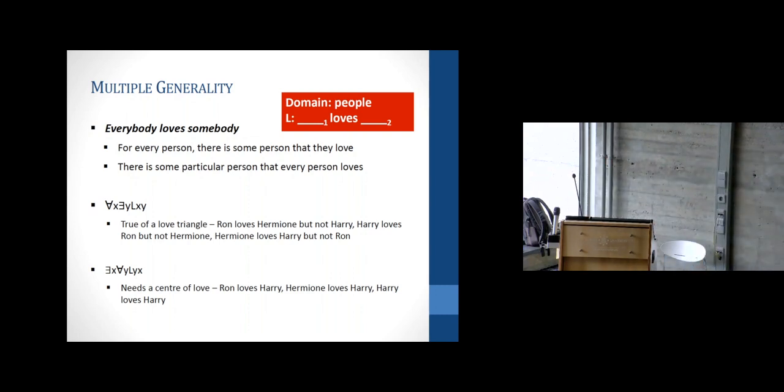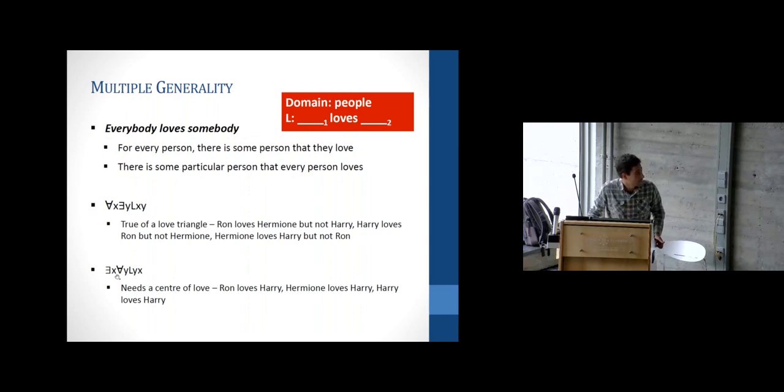So you can think about it like this. This is a love triangle, right? It's true here that anyone you pick loves someone. It's not true that there is one person that everybody loves, right? That will be the second sentence.